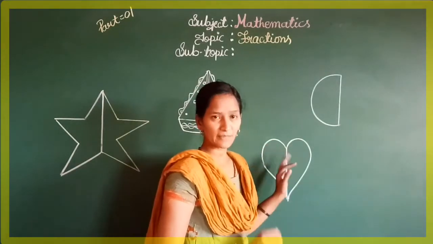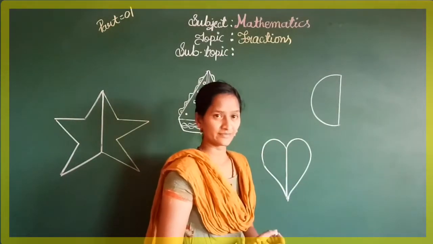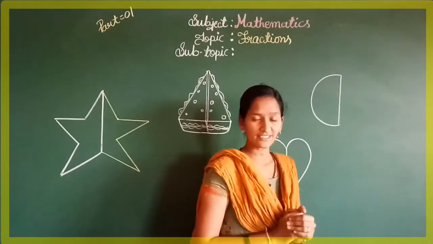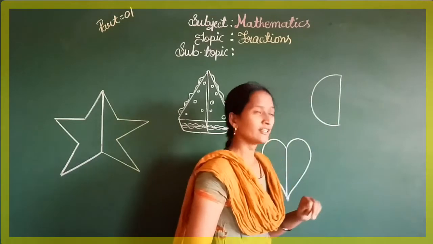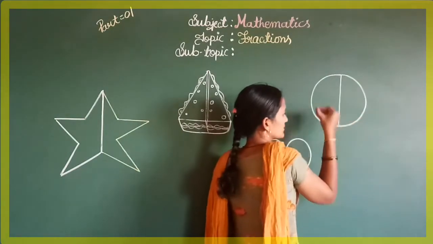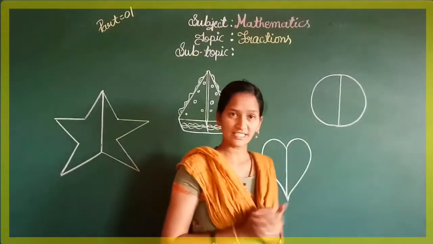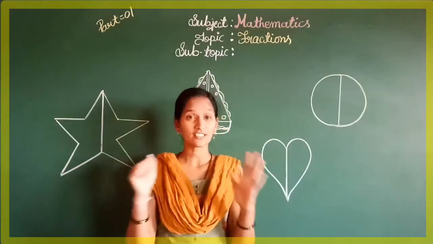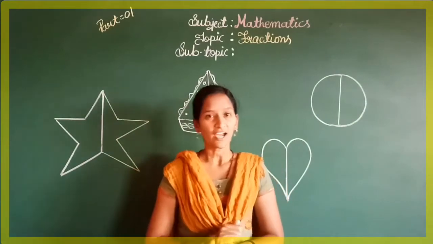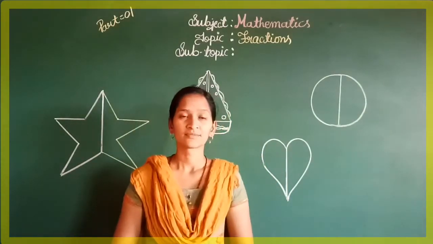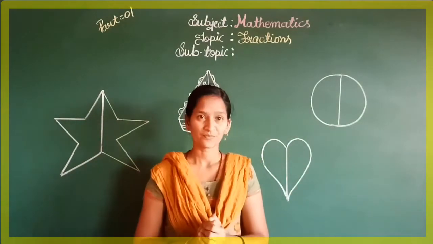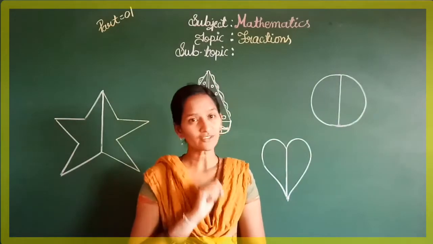Okay. Now it is a complete heart or a leaf. Come to the last picture. It just looks like a circle, right? They gave only half. Now I will complete the other half. See, now it's a complete circle. Okay, we successfully completed the other half of the pictures. Have you enjoyed this activity? Yes, I sure know. Like that you have to do in your textbook and send a photocopy without missing.